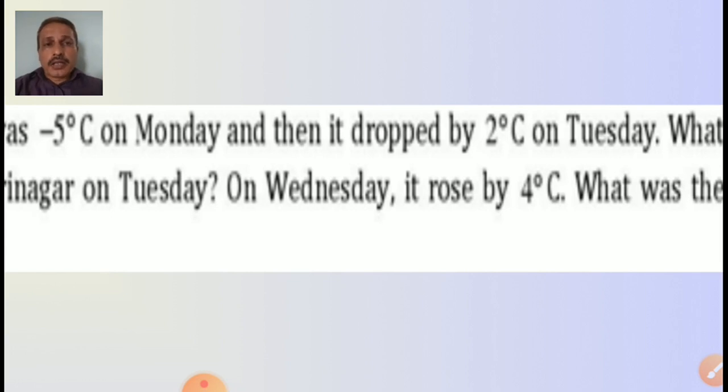Student, read the question carefully, try to understand what things they given us and what things they want to ask. What they ask us. 2 degree centigrade dropped down on Tuesday. Suppose there is a -5, 2 degree more downside, that means -7 degree temperature on Tuesday. Dropped down, not raised up.